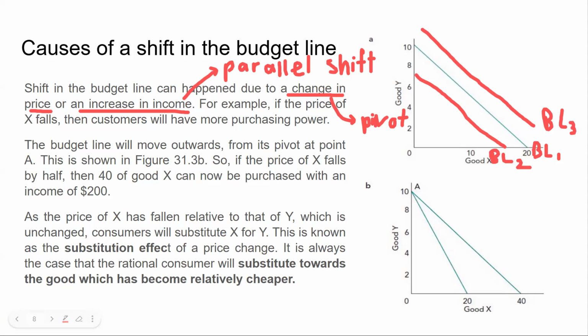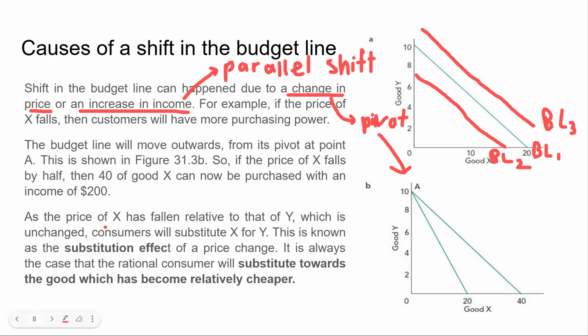But if it is a change in price, it will be pivoting. This is going to be the example. There is a change in price of one of the goods.